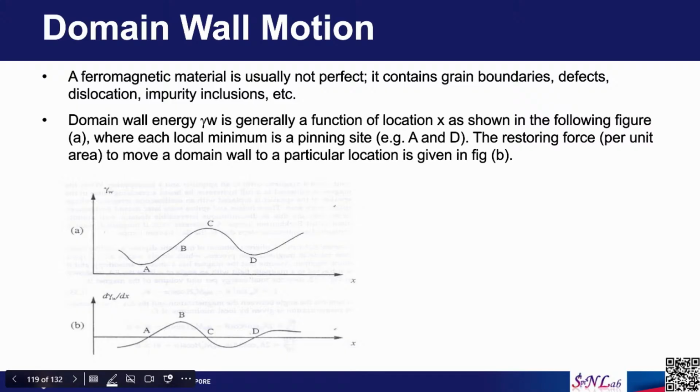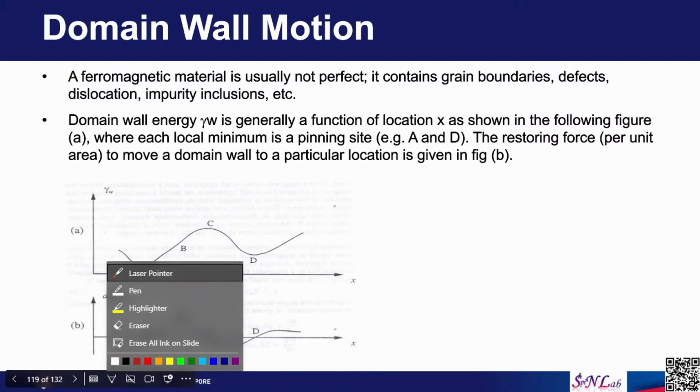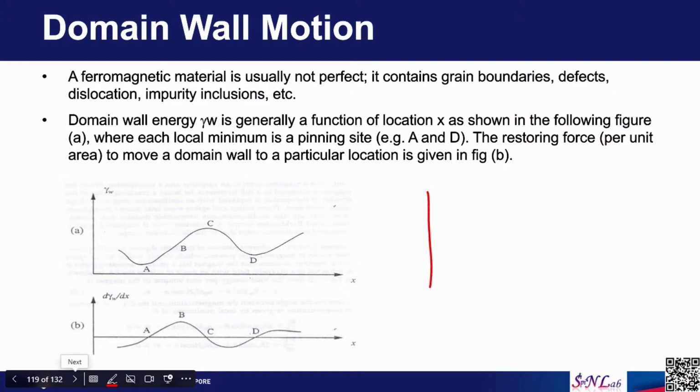Okay, so, when you have a film, let us say you have a film, so within this film, due to the composition inhomogeneity or something like that, you may find some regions where the energy is different, energy landscape is different compared to the rest of the region.